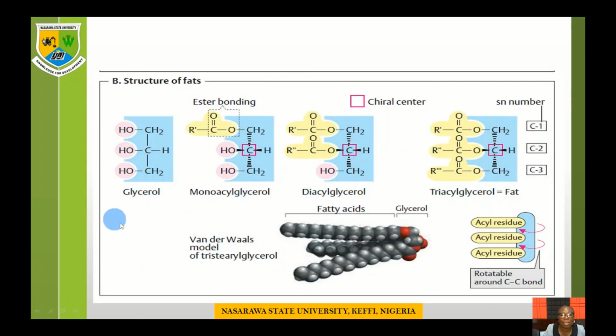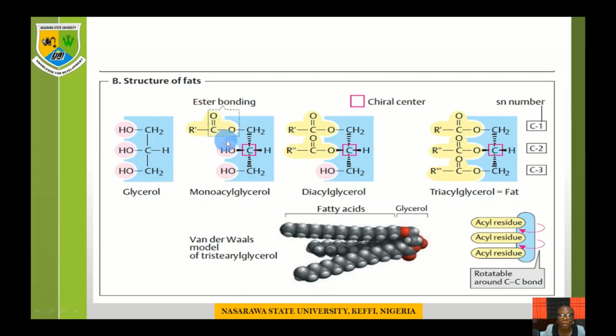Now this is the glycerol. It's an alcohol, right? And this carbon is carbon 1, this is carbon 2, and this is carbon 3. Then we have an ester bonding. An ester bonding normally occurs between a carboxylic acid and an alcohol, where the alcohol donates a hydrogen and the carboxylic acid an OH to form water.